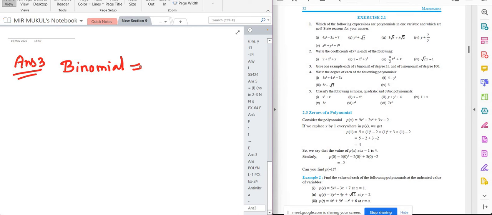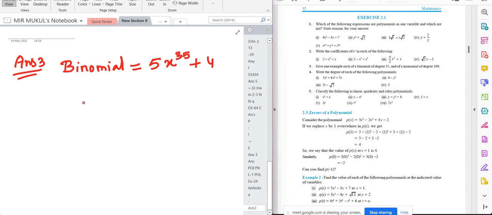Yes, a polynomial containing two terms, and the degree will be 35. So any number times x to the power 35 plus 4. See here, two terms, so it is a binomial, and its degree is 35 because the highest power of x is 35.